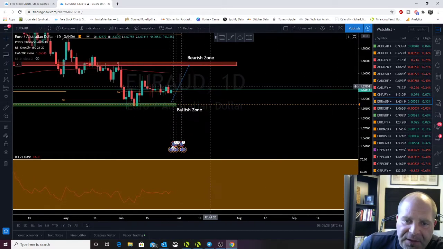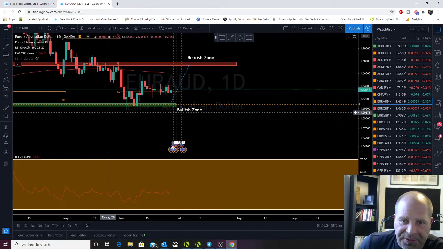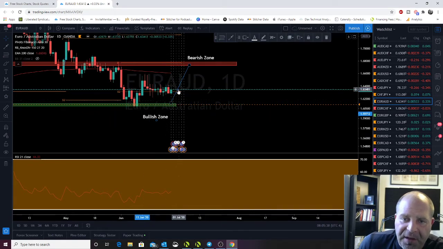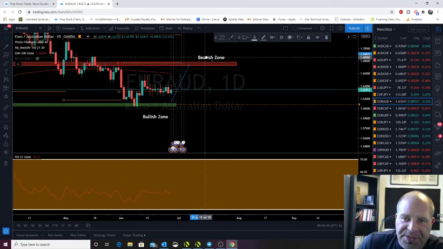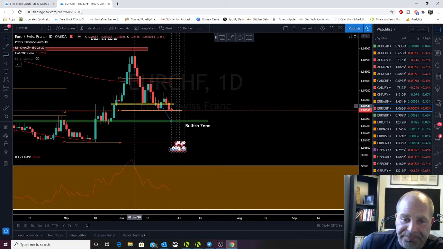EUR AUD. I'm still waiting, guys. Look at this. Boring, boring, boring. Just hugging S2. I'm waiting for a push down to our bullish area and then be a buyer, or a shot up into our bearish area and I'll start looking for sells. But right now it's just in between. So we broke through our make or break zone. We came back up.